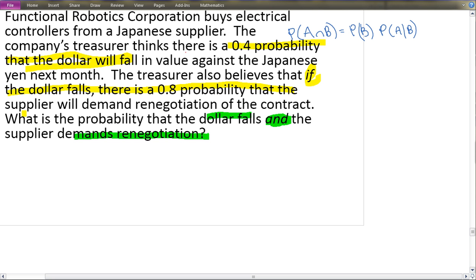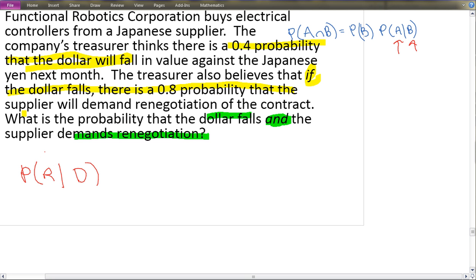The treasurer also believes that if the dollar falls, they'll demand renegotiation. So let's say up here, A and B. So the probability of, if the dollar falls, or given that the dollar falls, they want renegotiation. So R is renegotiation given that D, the dollar falls.